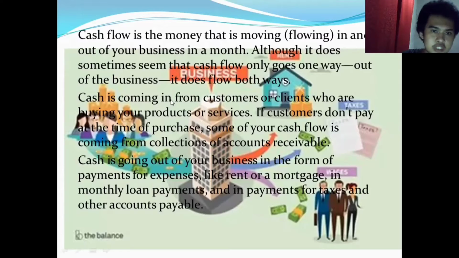Cash flow is coming in from customers or clients who are buying your products or services. If customers don't pay at the time of purchase, some of your cash flow is coming from collection of accounts receivable. Cash flow is going out of your business in the form of payments for expenses like rent or a mortgage, monthly loan payments, and payments for taxes and other accounts payable.